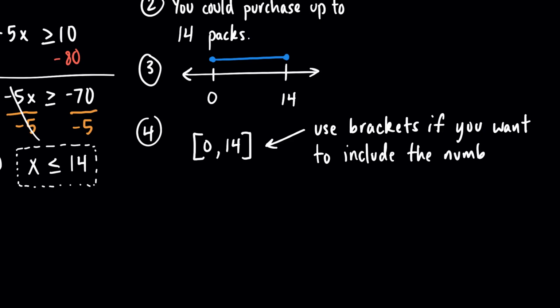If we wanted to go up to 14 but not actually say that you could purchase 14, you'd put a parenthesis there and you'd say, hey, you can do 0, including 0, up to 14, but you can't actually buy exactly 14. So maybe it would be better to say 13 with a bracket there instead of 14 with a parenthesis. It just depends on the context, okay?